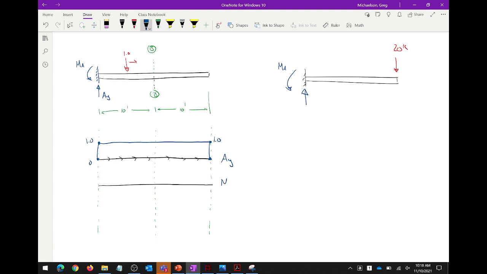let's do the moment at A. And what we'll do is we'll do our rotation like this. Actually, let me roll that down a little bit.